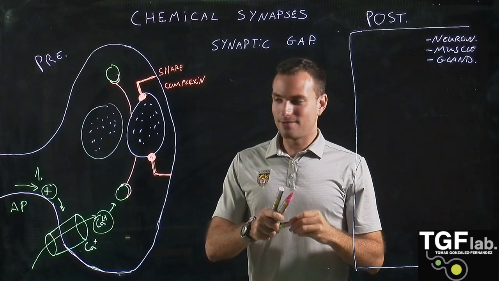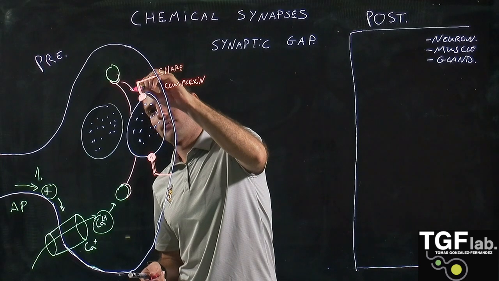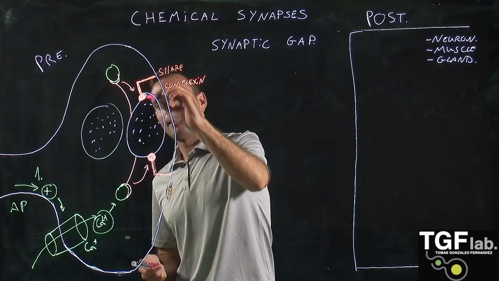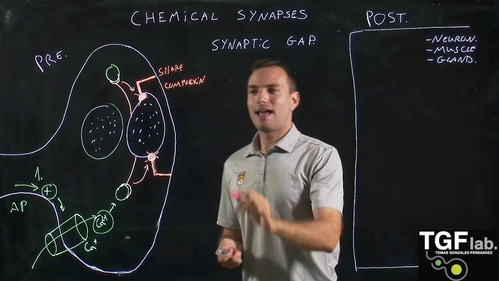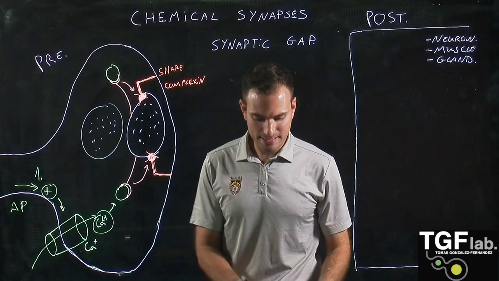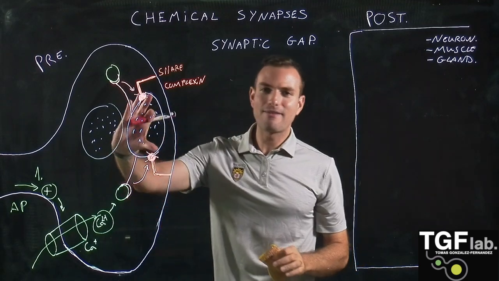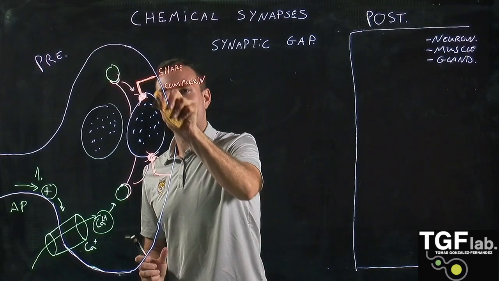After binding to the calcium, there is going to be a conformational change, and the synaptotagmin is going to cleave the complexin, and then the complexin is going to allow the SNARE proteins to bring the vesicle closer to the membrane, and for the vesicle and the membrane to fuse.